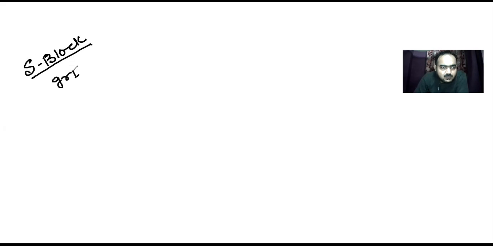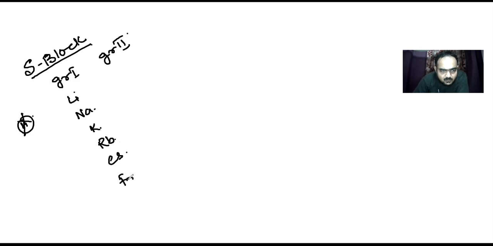So, S block elements are group one and group two. In group one, hydrogen is not included in the S block. It is lithium, sodium, potassium, rubidium, and cesium. Fr is also not taken as it is radioactive in nature.